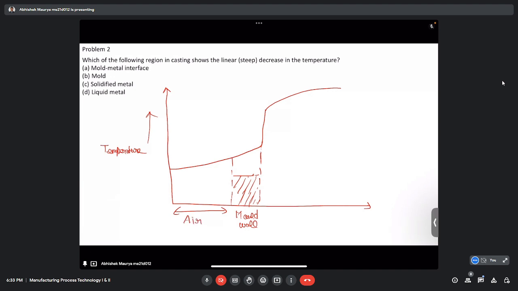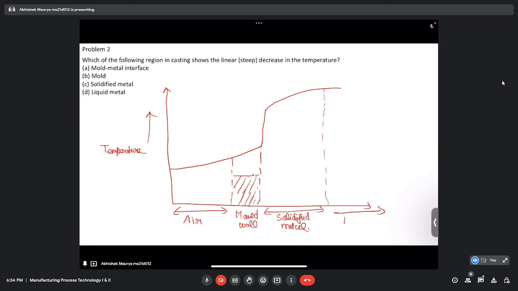And here we have solidified metal. And after solidified metal, what will come?